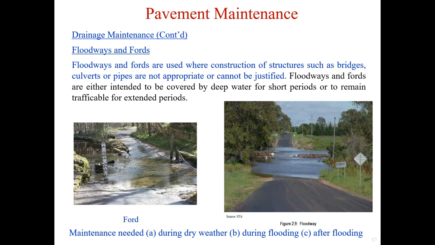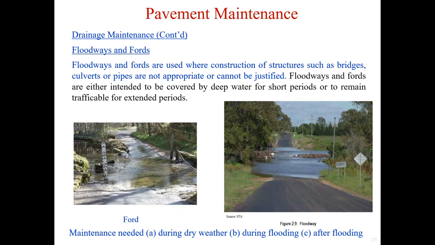Normally, the pavement of the floodway consists of hard, durable material that is stable and trafficable when it is wet. The batters of floodways must be composed of material that will resist erosion by flowing water. Quite often, the floodway is supplemented by a culvert to take low flows to reduce the frequency and duration of inundation of the pavement.